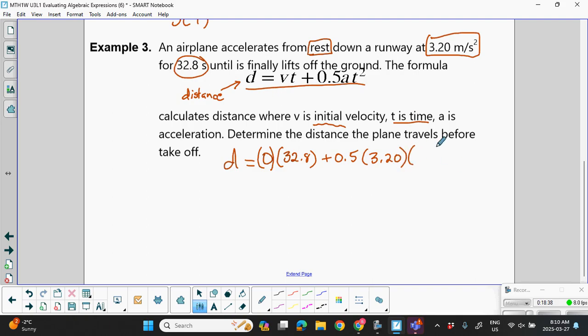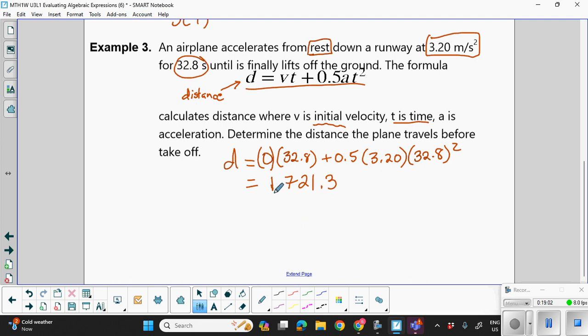And finally, our t is 32.8, and it is going to be squared. Zero times anything is still 0, so that doesn't exist at all. And so this is 0, and then when we calculate this, it works out to 1,721, let's say to one decimal place, 0.3.